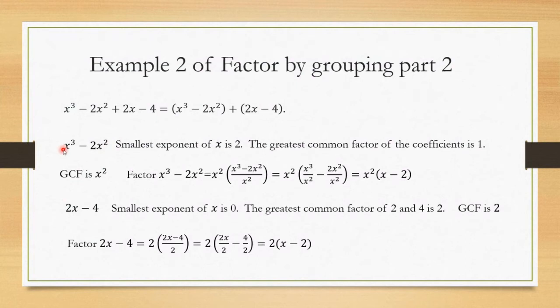The coefficient here is 1. And as we already know, if a coefficient is 1, then your b has to be 1 in the GCF. In other words, the greatest common factor among the coefficients here has to be 1. So that b times x to the m, that GCF, is just 1 times x squared, which is x squared.